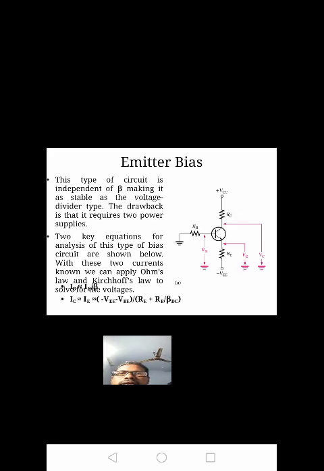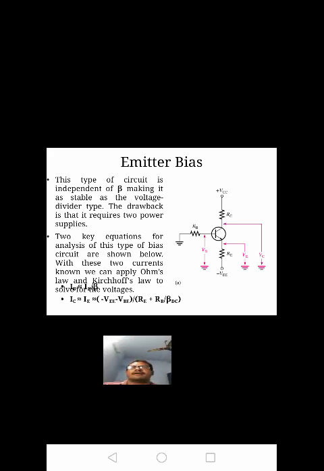Next topic is emitter bias. This type of circuit is independent of beta. In the previous base bias method, beta is unstable, but here it is independent of beta, making it as stable as a voltage divider type. The drawback is that it requires two power supplies.